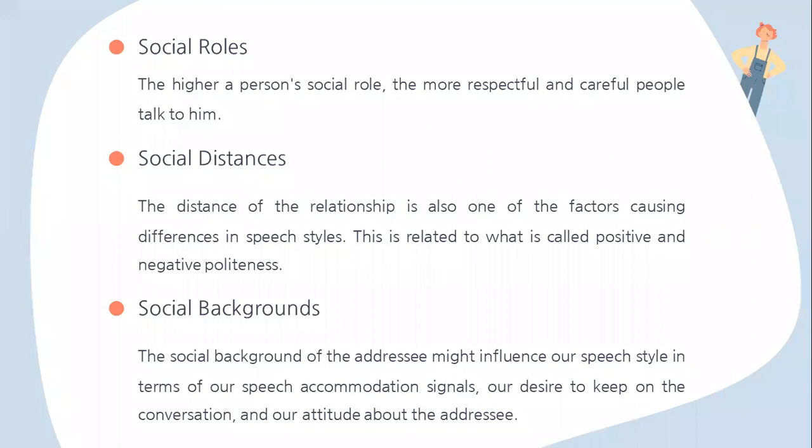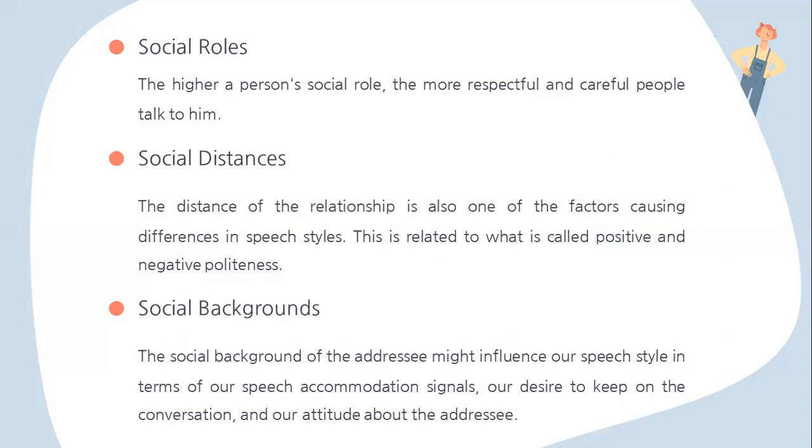All right. Next is social roles. The higher a person's social role, the more respectful and careful people talk to him. Next is social distance. The distance of the relationship is also one of the factors causing differences in speech styles.